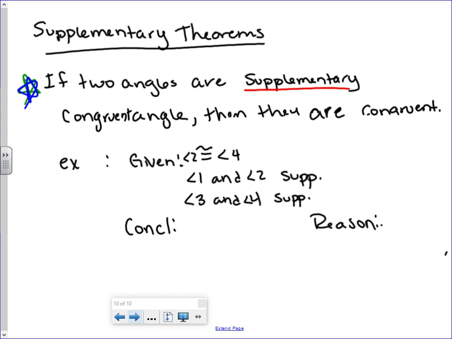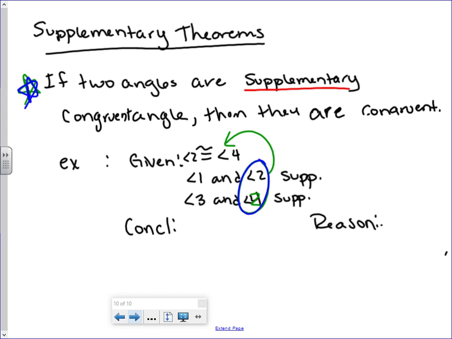It's just another shortcut to say that angle 1 is congruent to angle 3. So even if these two angles here are different, as long as I know that they are congruent, I can still say that angle 1 and angle 3 are congruent.